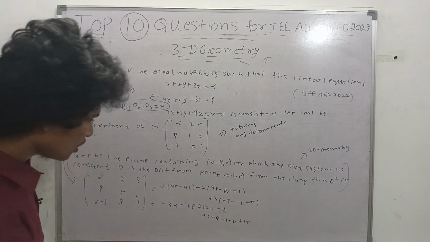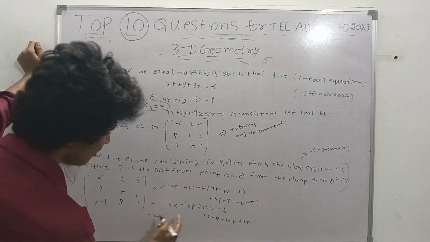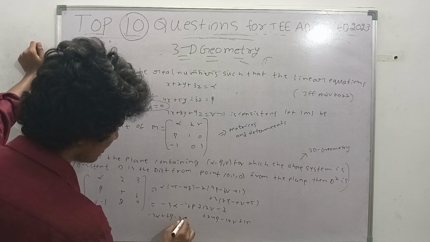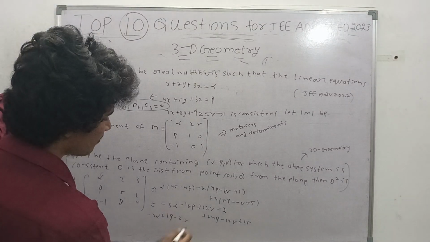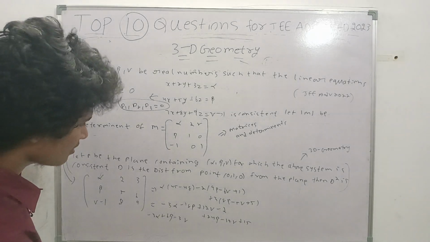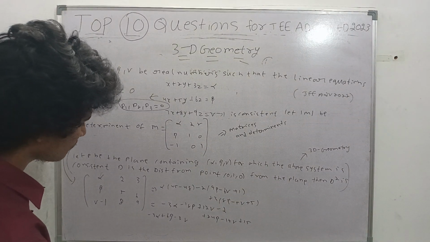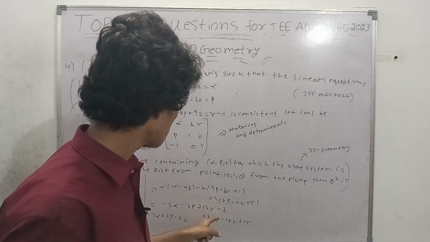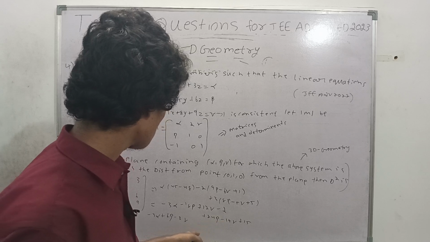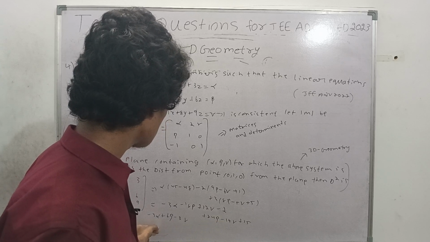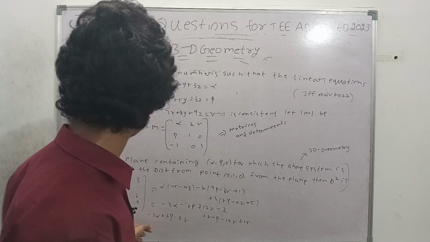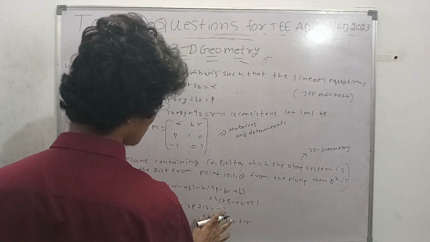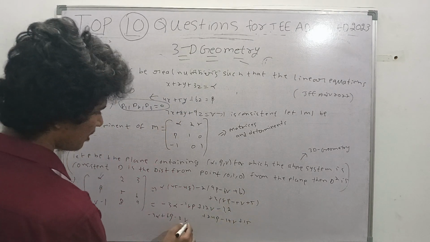When you solve this, you will get minus 3 alpha; minus 18 beta and 24 beta gives 6 beta; 12 gamma minus 15 gamma gives minus 3 gamma. And here it is minus 2 plus 15... sorry, it is 6 here, 6 to 12, so it will be plus 3.